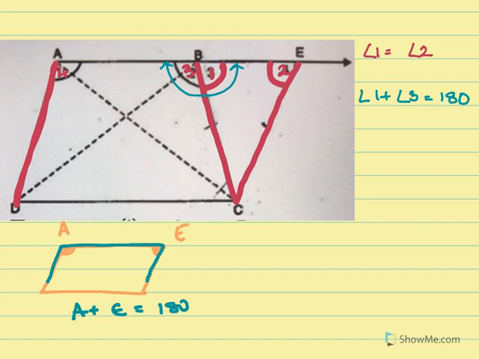And I'm using the same property out here. Here I have co-interior angles. So I will write angle 4 plus angle 2 equal to 180, because the adjacent angles of parallelogram are co-interior and they are supplementary.